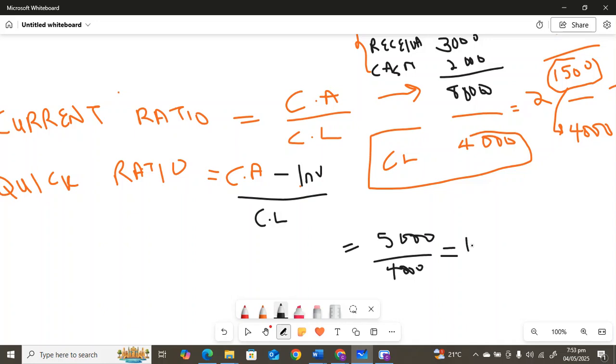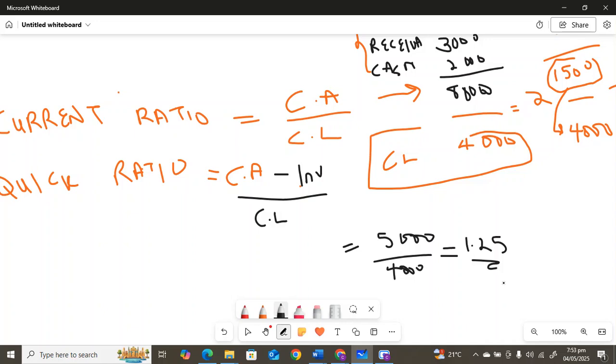So if we omit inventory from the equation, it means we can still take care of our current liabilities. We have money on hand to pay for them, and we can also get the money from people who are owing us, our receivables, and we'll be able to cover basically what we are owing.